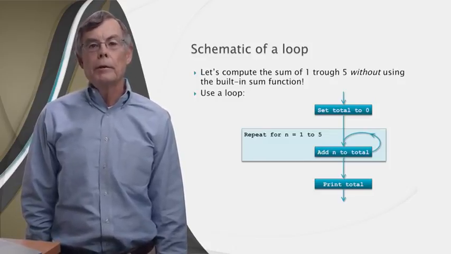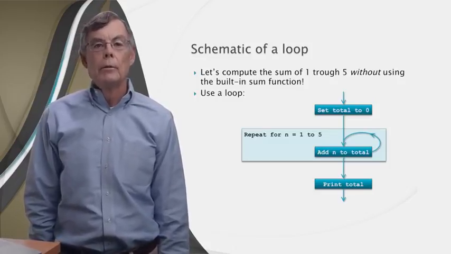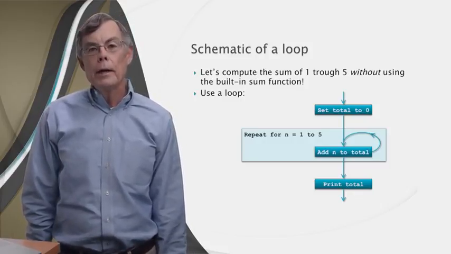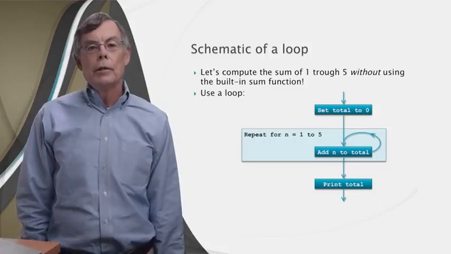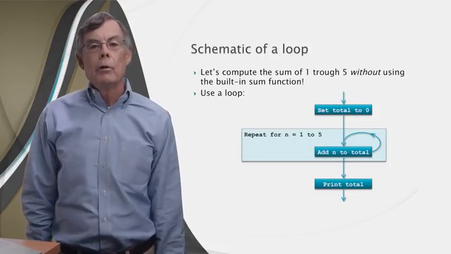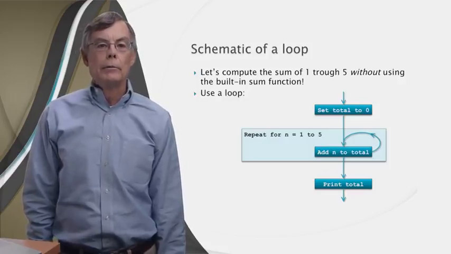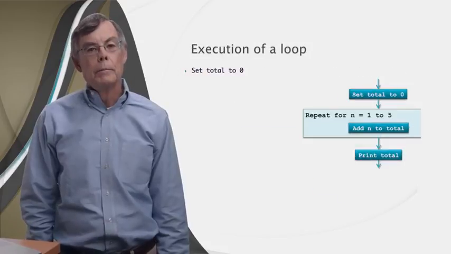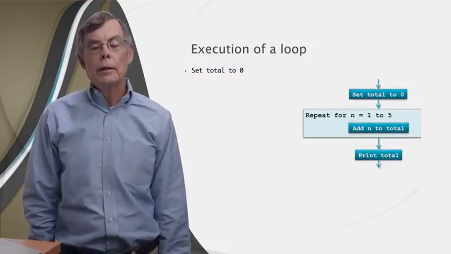That statement prints out the value of the variable total, which is the result we wanted. Note the curved line with the arrows on it. It shows that after "add n to total" is executed, control circles back and does it again, and it shows why this control construct is called a loop. That little circle looks like a loop.